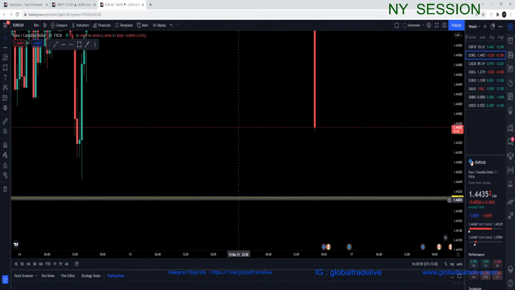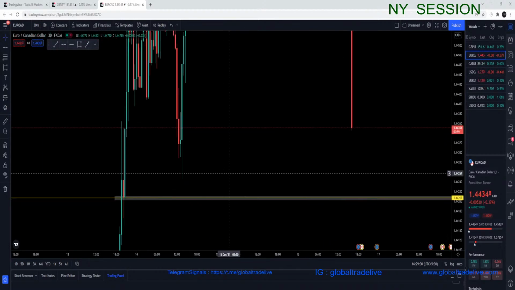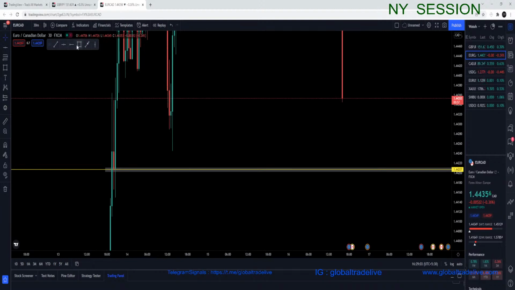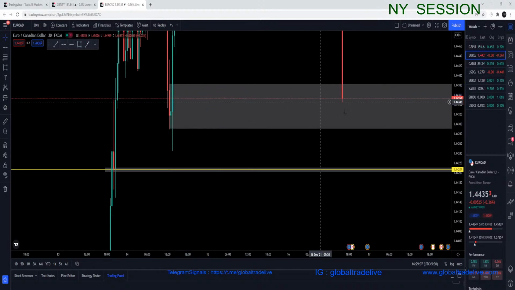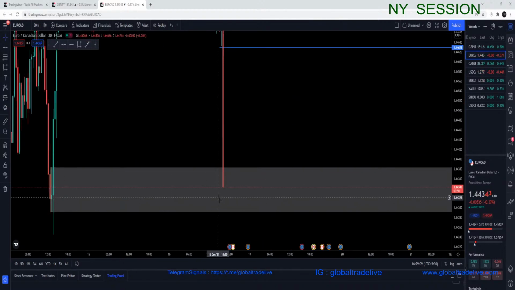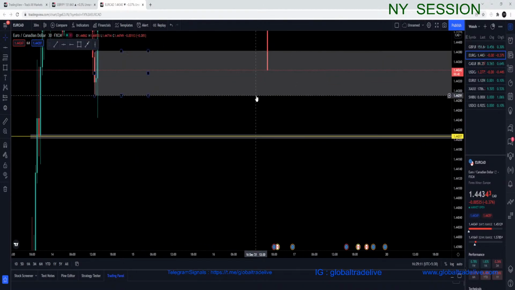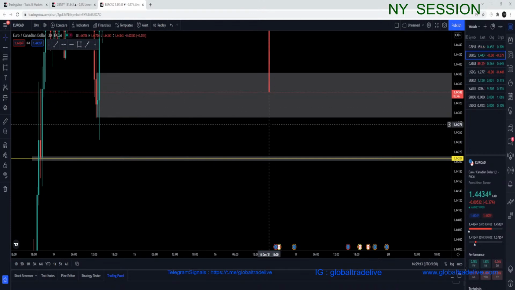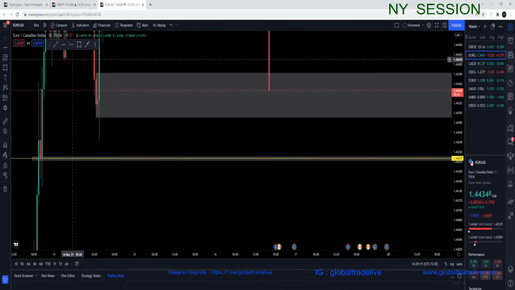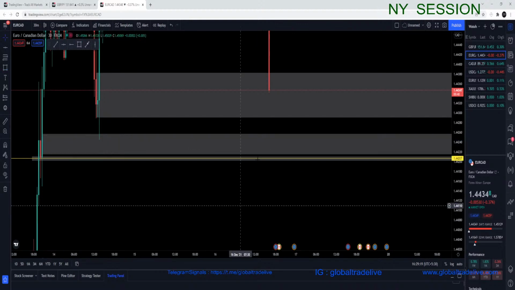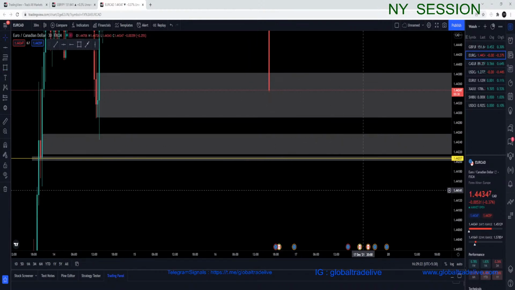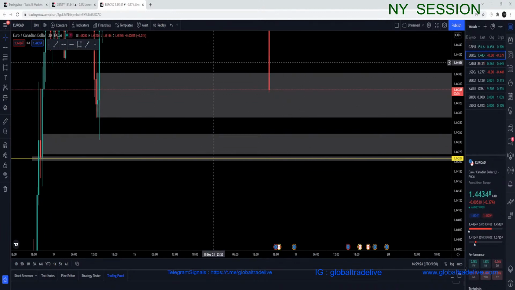Sorry. If the market goes down, because look, the thing is, according to me, this is a POI. This is the POI zone, right? So market can possibly move up from here, but if the market stabilizes in this whole area, then there will be a falling down in EuroCAD.